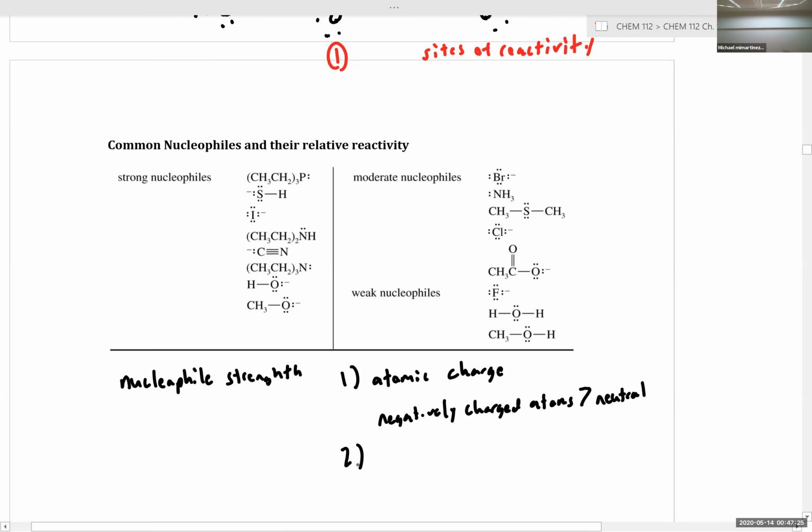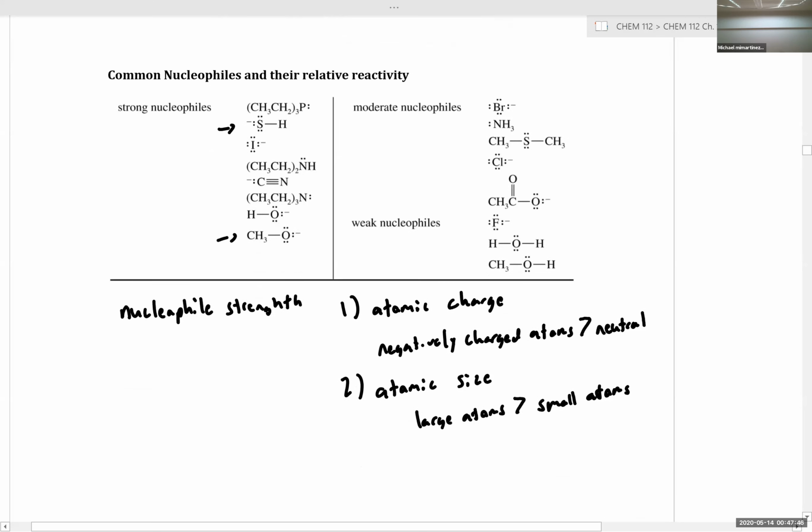Next, you look at atomic size, where your large atoms are more nucleophilic than your small atoms. So the classic example is sulfur-based nucleophiles are more reactive than oxygen-based nucleophiles.